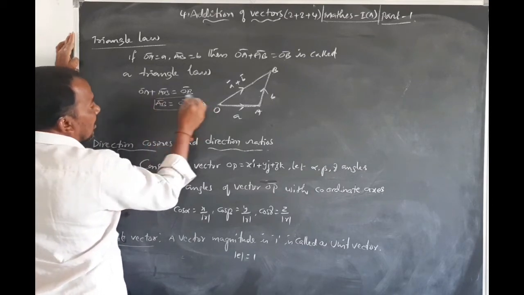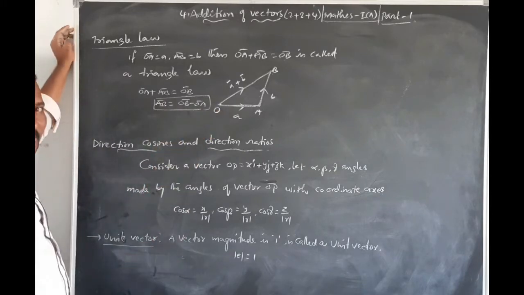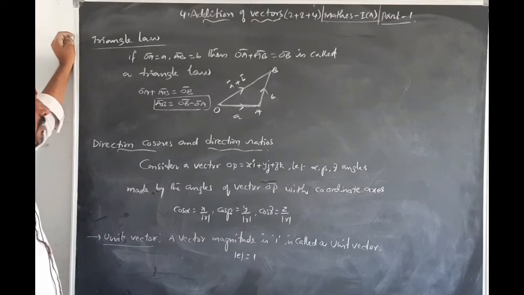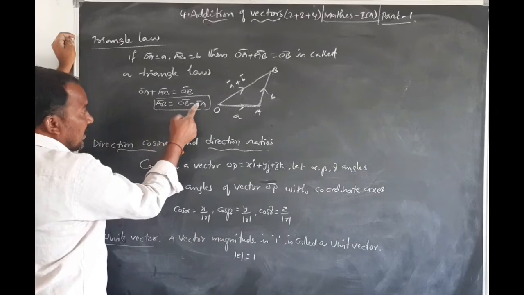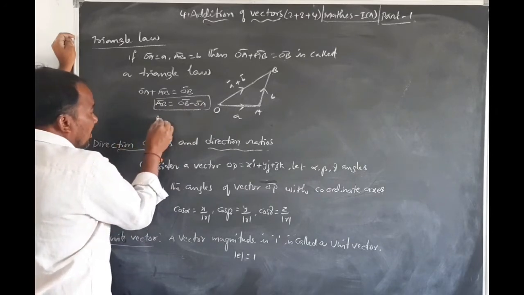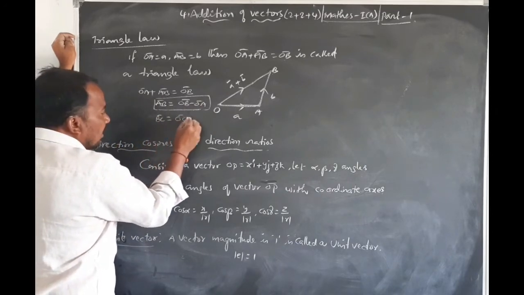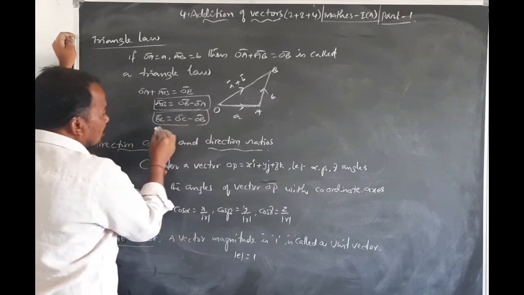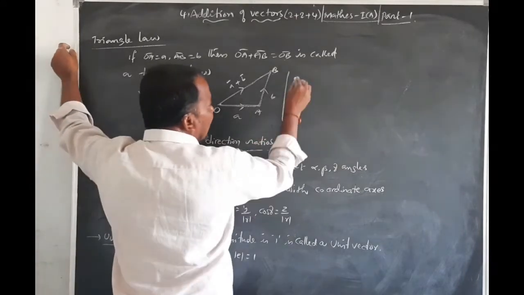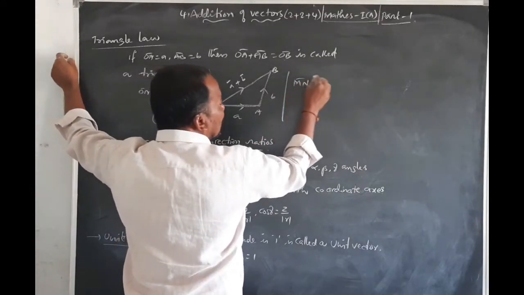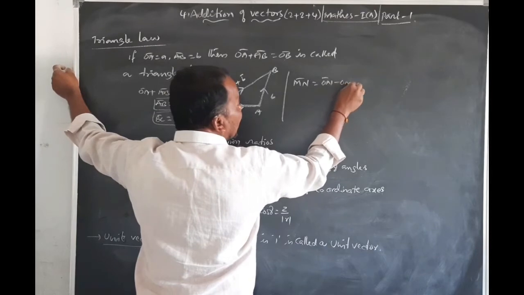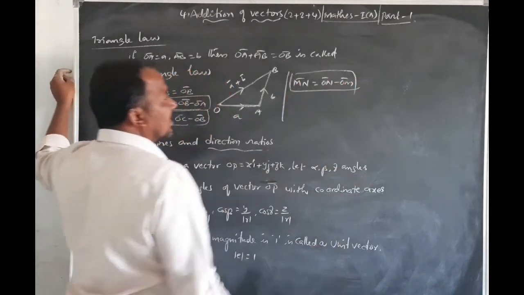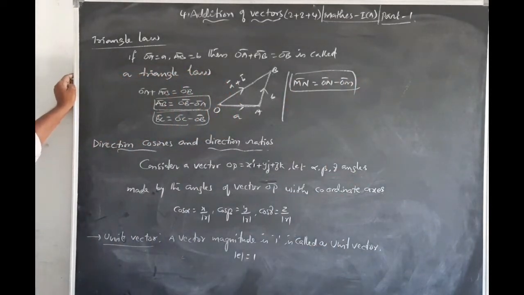Vector AB equals the difference between the two position vectors of B and A. Similarly, BC equals OC minus OB, and MN equals ON minus OM. It is called the triangle law.